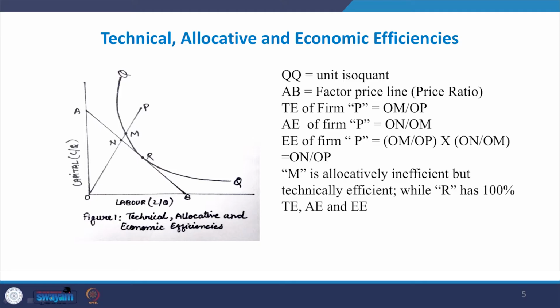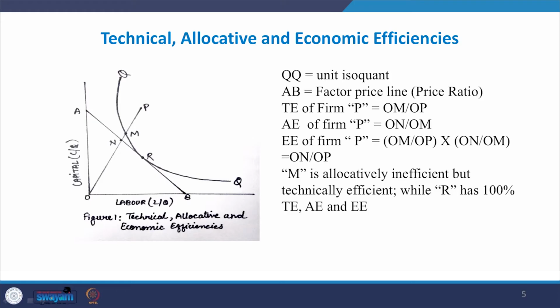But when you compare point M, which is on the frontier or isoquant, with point P, then point P is inefficient, because to produce 1 unit of output Q at point P, both capital and labor quantities are higher than at point M. So, relatively, compared to point M on the isoquant or frontier, point P is technically inefficient.